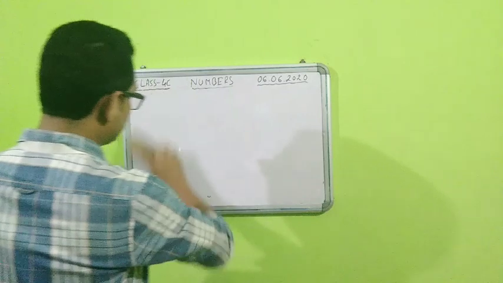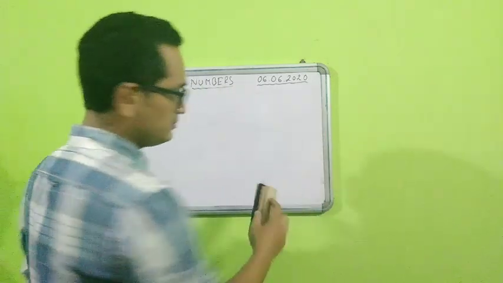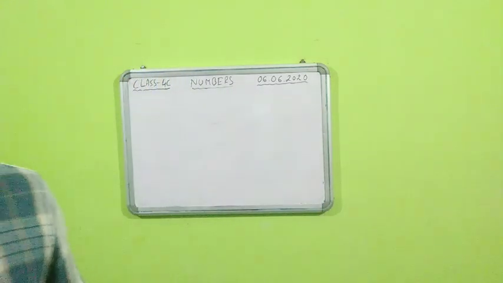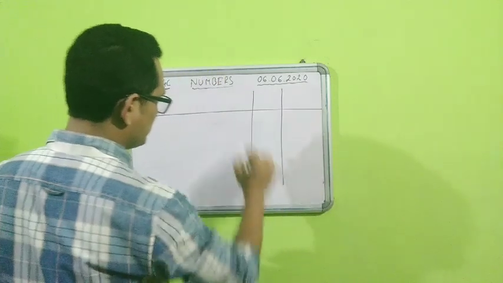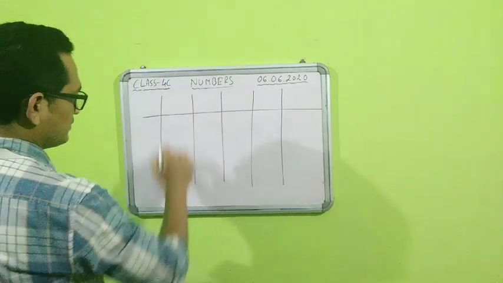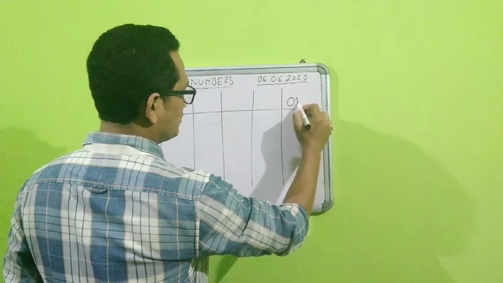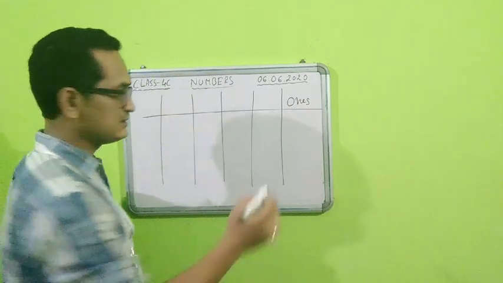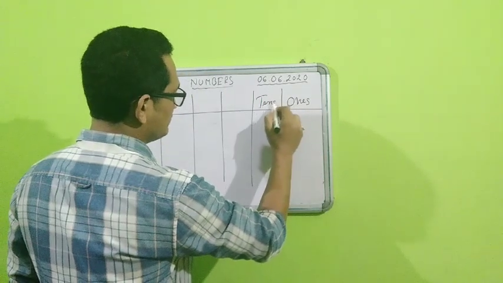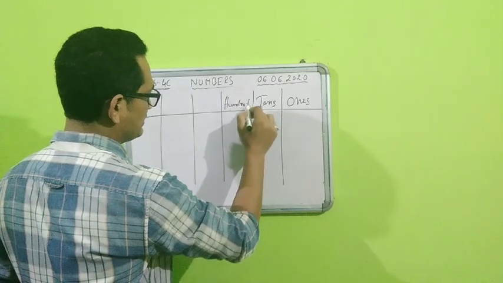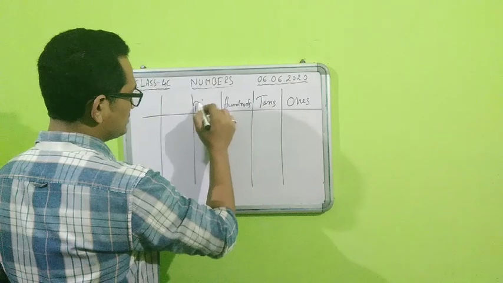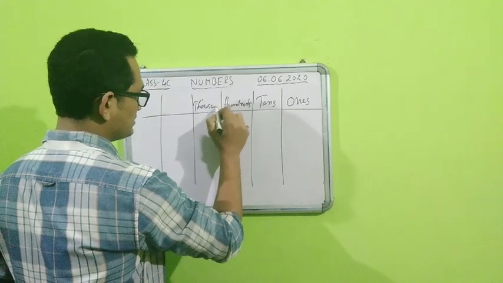So now basically we need to see the 5-digit number, and its place values. If we have to make the place value chart, the first place is always the ones place, the next is the tens place, the third place is hundreds, then comes thousands.